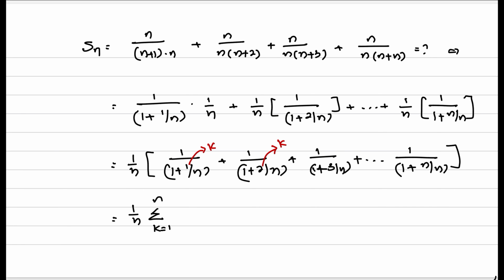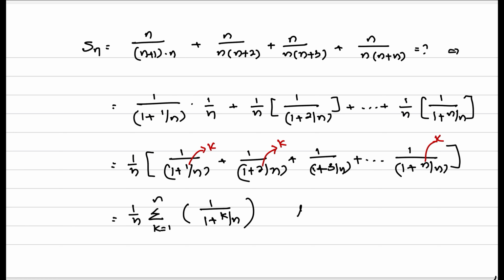Sum of the series with k varying from 1 to n, and the series term will be 1 by 1 plus k by n. We can write like this.